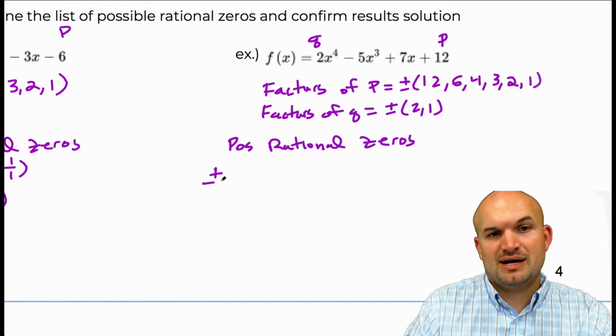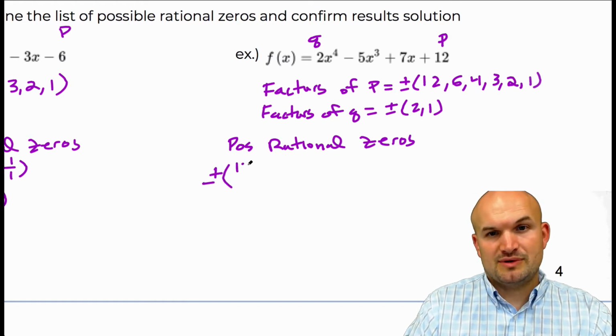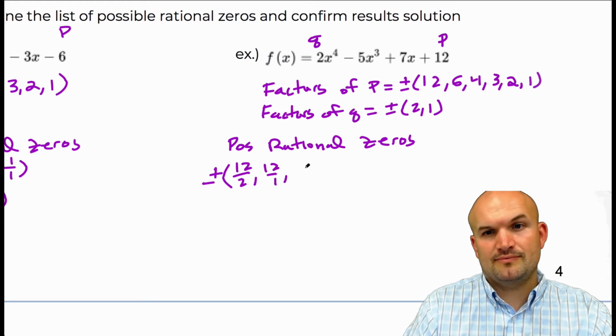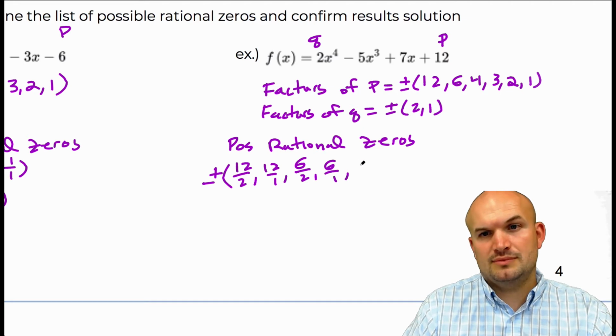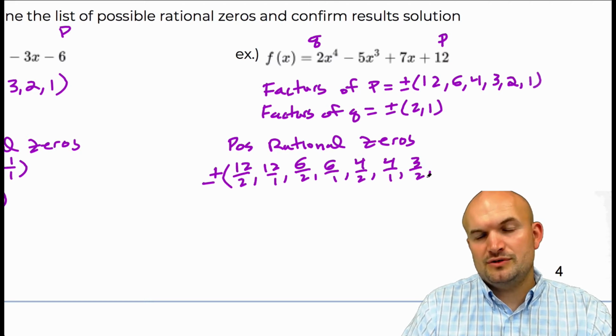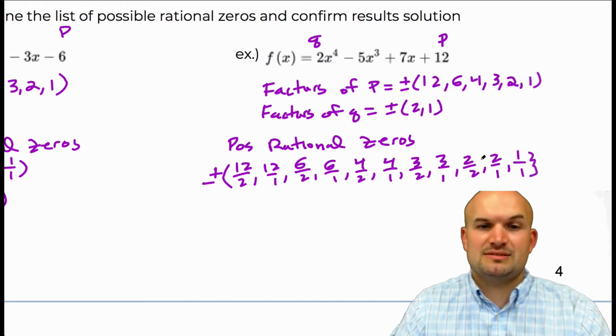So it's going to be plus or minus, and again, we'll just write this as 12 over 2, comma, 12 over 1, 6 over 2, comma, 6 over 1, 4 over 2, comma, 4 over 1, 3 over 2, comma, 3 over 1, 2 over 2, comma, 2 over 1, and 1 over 1. So that's the list of all the possible rational zeros.